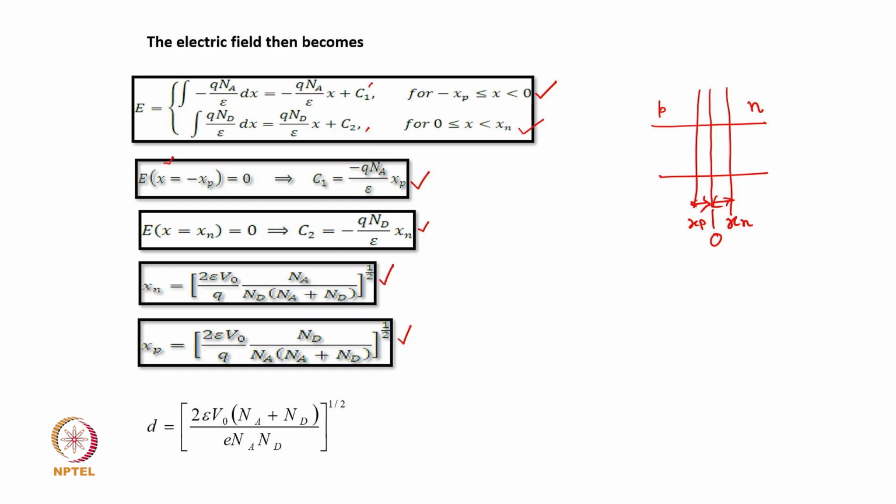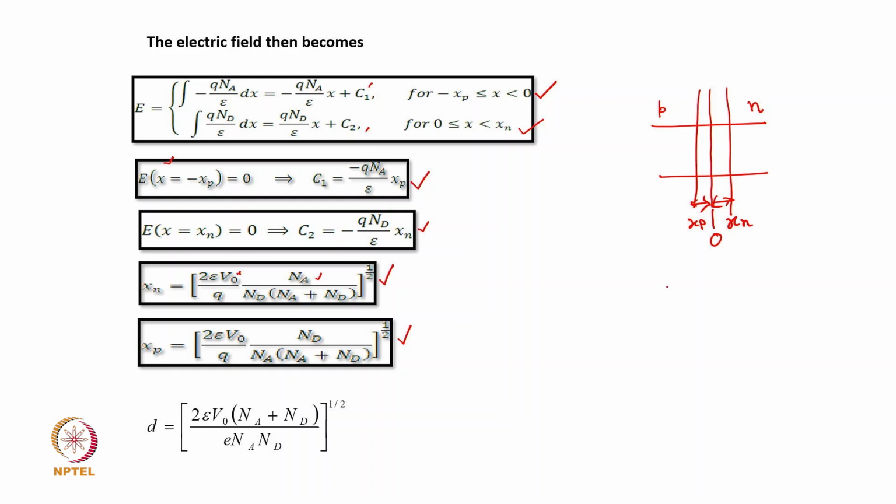You check that these values depend very critically on the potential height, which I have just now shown, that when you make a junction there is a potential height or potential barrier generated. It depends on the charge carrier concentration, acceptor concentration and donor concentration, similarly xp.